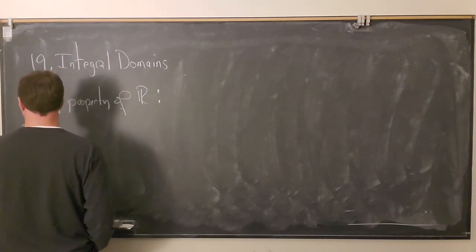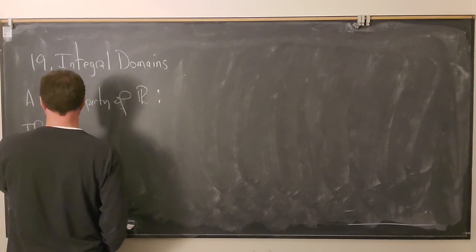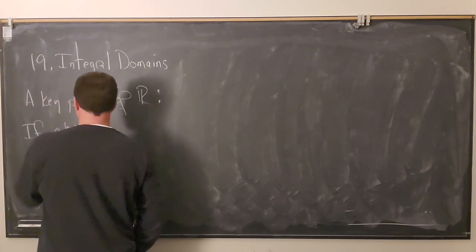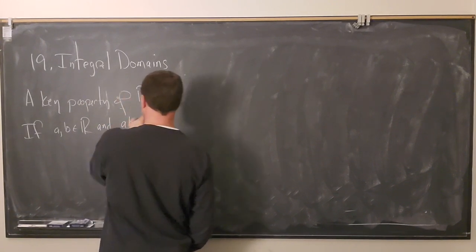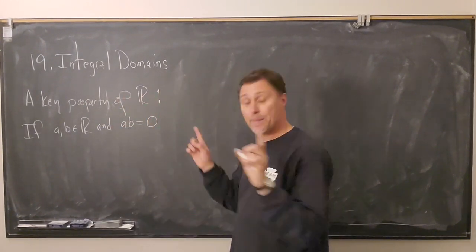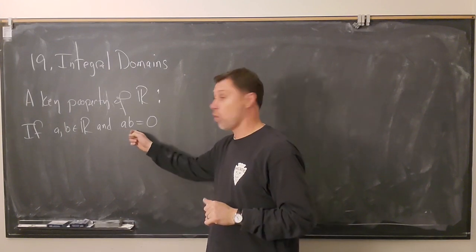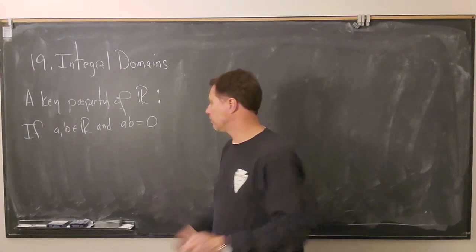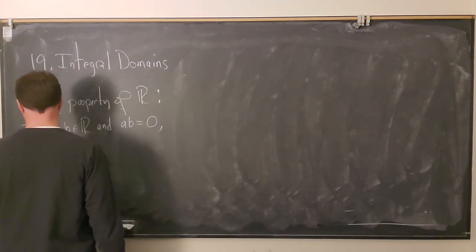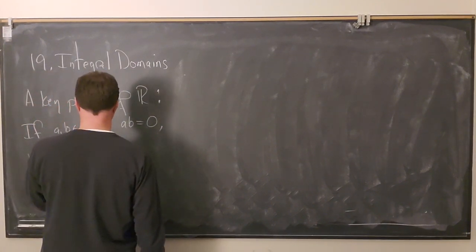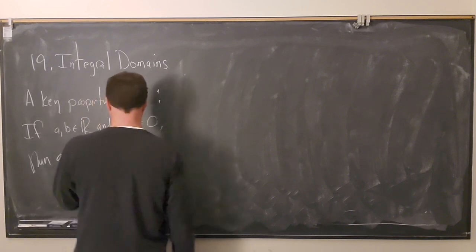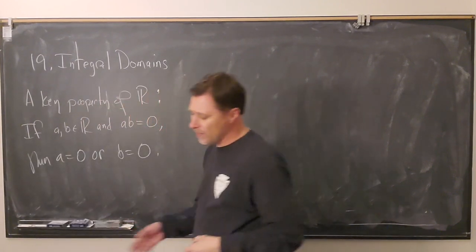If a and b are in R, and when you multiply them, you get 0, then you automatically get to conclude that one or more of those numbers is 0. So then a equals 0 or b equals 0.